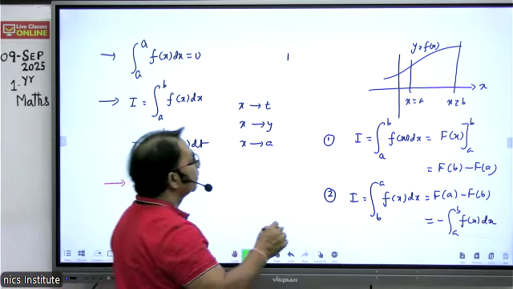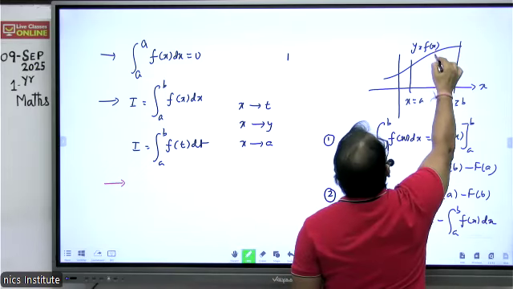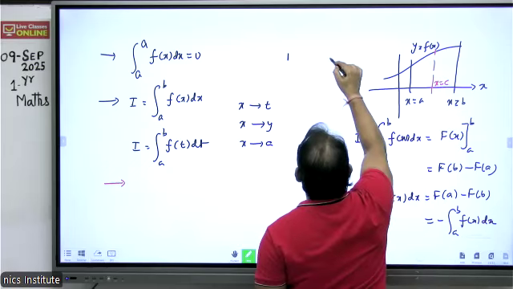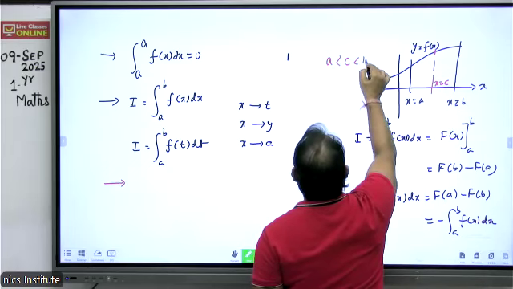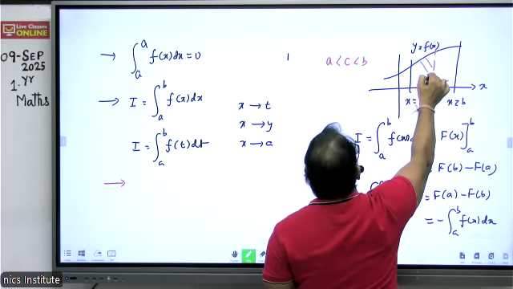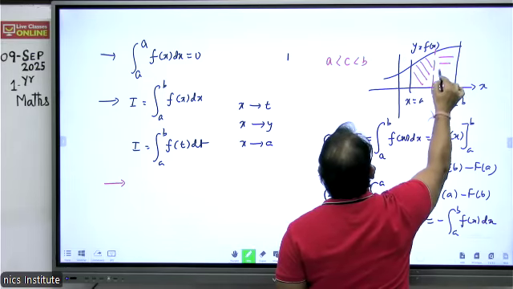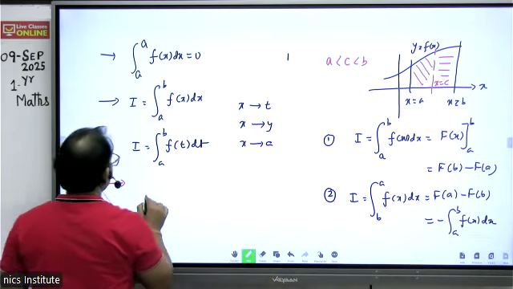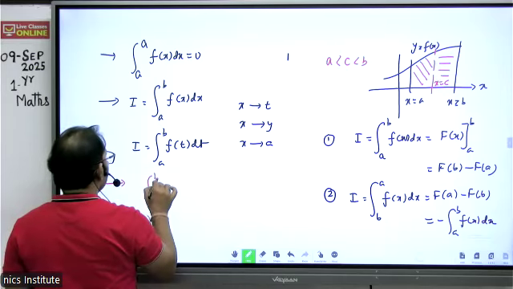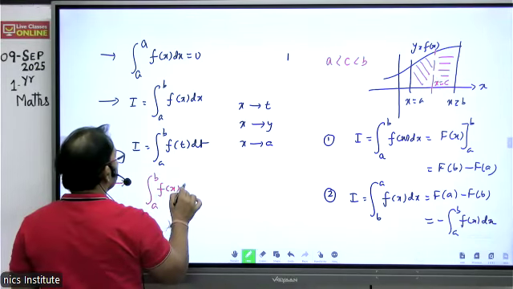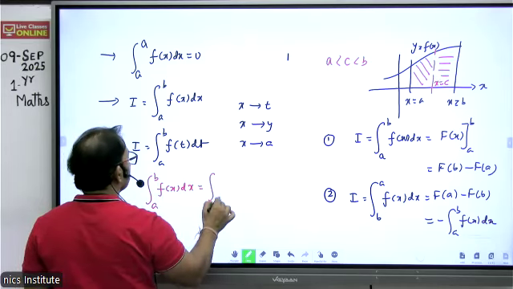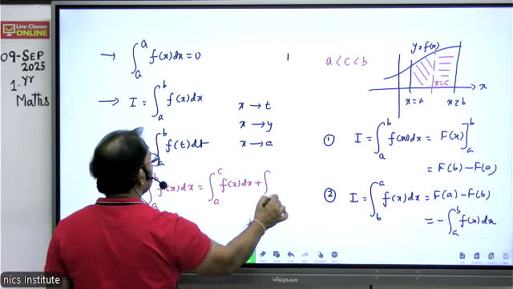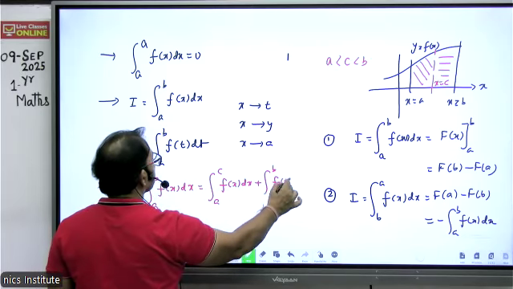Suppose there is some point C in between A and B. C is more than A but less than B. So I can divide this integral into two parts. I can integrate from A to C, and then C to B. So if you have the integral A to B f(x) dx, you can write it as A to C f(x) dx plus C to B f(x) dx.